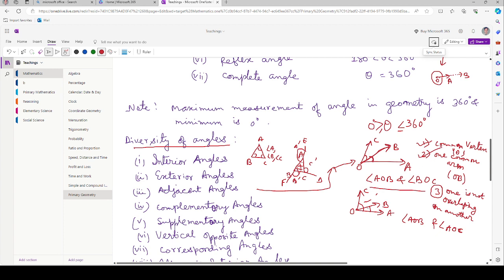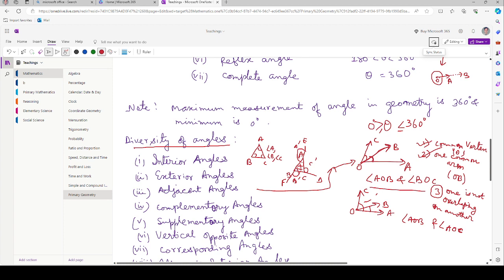They have a common arm OA. AOB and AOC, for these two angles, the common arm is OA. But these two angles do not satisfy the third property, that is, they are overlapping each other.